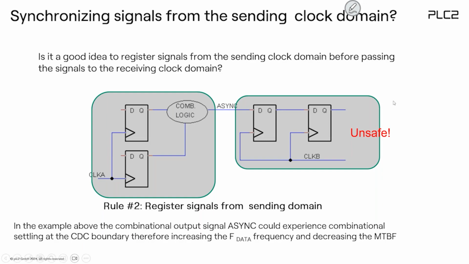Also, this is not good. Even if you say I have a 2-stage synchronizer, it should be okay. If you do this, it would generate an error, because even if you say that's asynchronous, so I don't care, the problem is you have combinatorial logic here. Combinatorial logic is always a candidate for spikes, something like this.